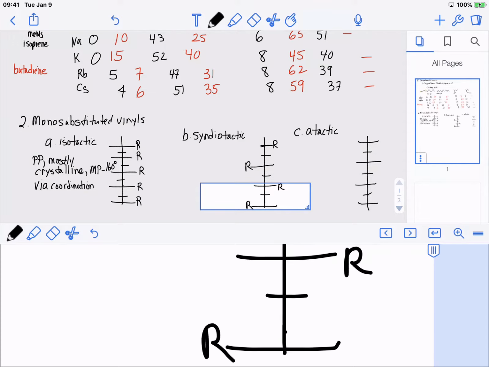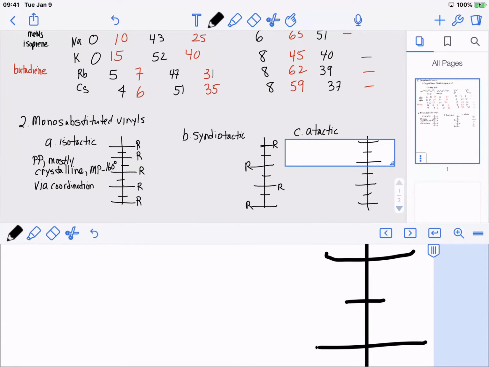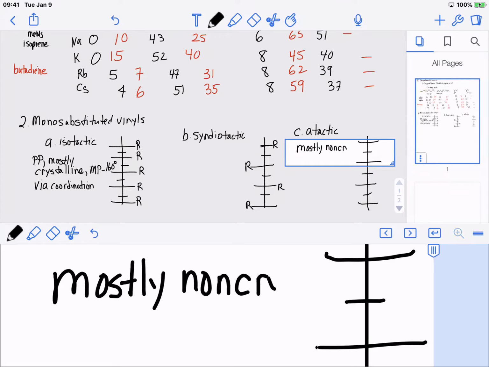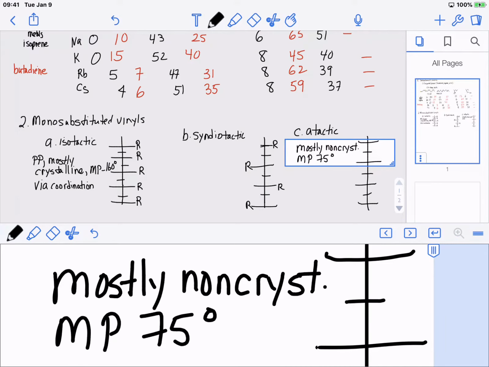I don't have any numbers for that. If I remember to look them up, see if somebody can look up what syndiotactic polypropylene has as a melting point, and if you would, let me know. So here, this is mostly non-crystalline, with melting points of around 75 degrees C, but it still has a little bit of crystallinity in it.